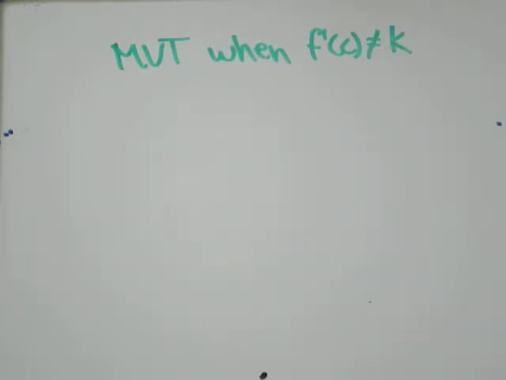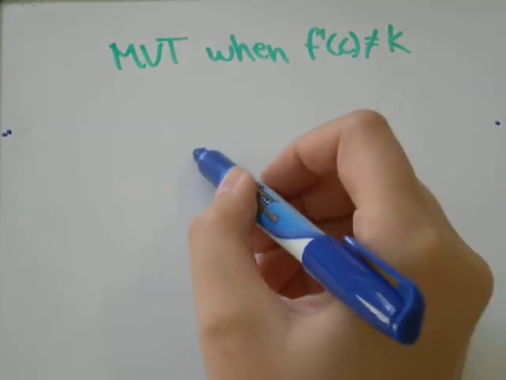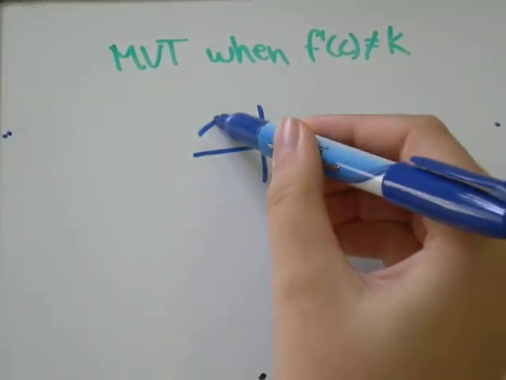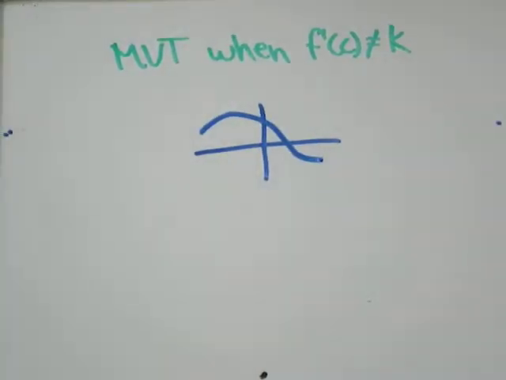So I think we'll talk first about what the mean value theorem means and where it comes from, because hopefully it'll make a little more sense after you understand where it comes from. So if we have a graph of any function, doesn't matter, our graph has a couple of important values associated with it.